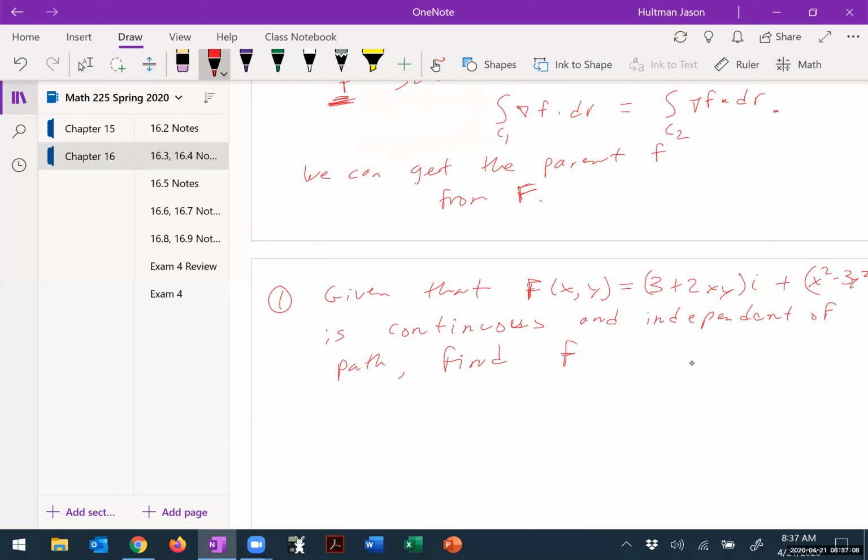find lowercase f. Okay, so we want to find lowercase f. We said this is continuous and independent of path, so we know that a lowercase f exists.